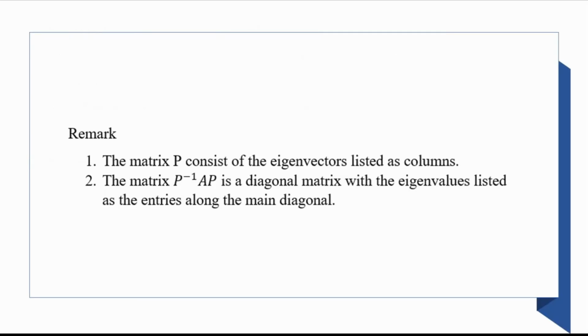Now remark, the matrix P is just the matrix of the eigenvectors that you found back in the previous section, listed as columns. And then the matrix P inverse times A times P is a diagonal matrix, and the entries along the main diagonal are the eigenvalues.